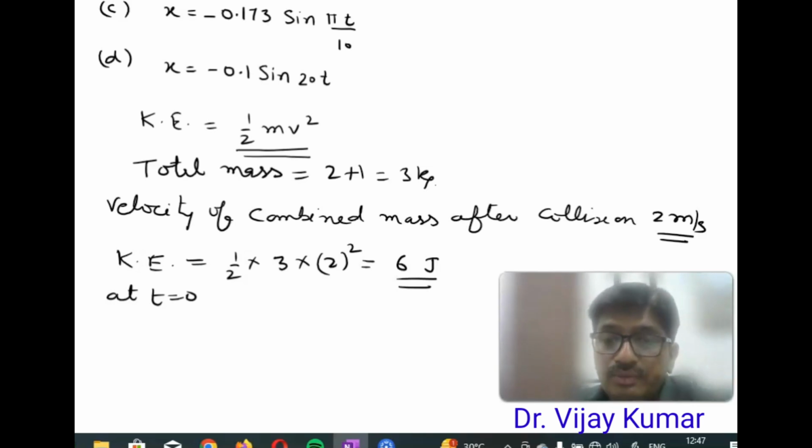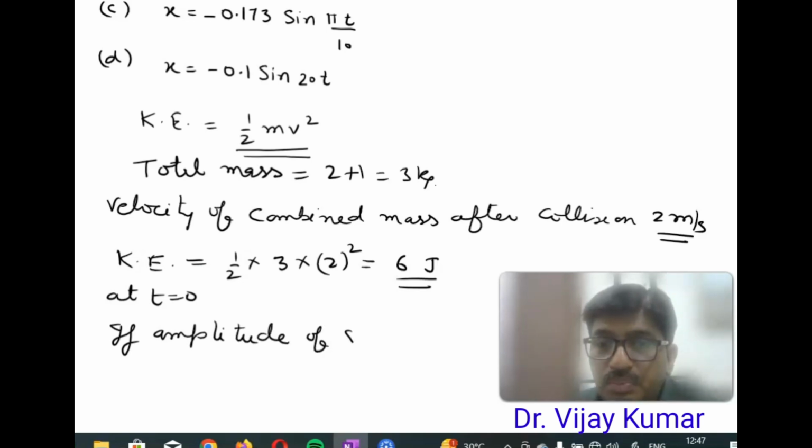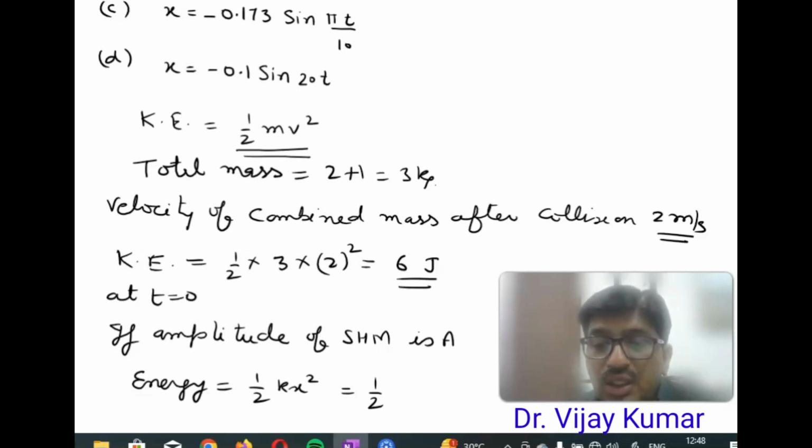And suppose the amplitude of simple harmonic motion is A. So we have energy half kx square, and half k means half of 1200 into A square.